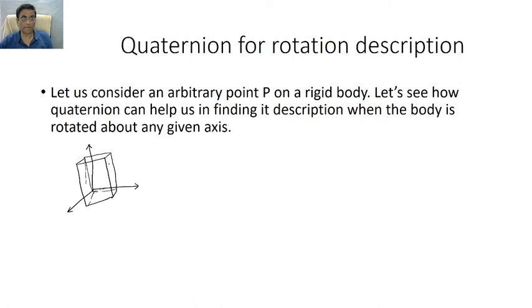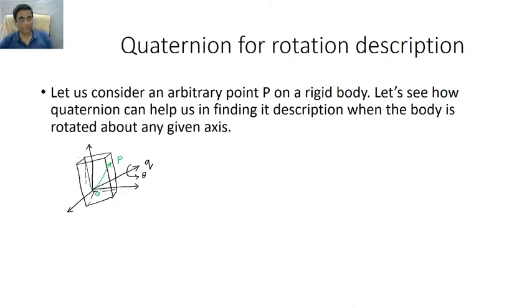Say point P is a point on the rigid body, whose description is given by the position vector OP, and here is my arbitrary axis of rotation given by Q, and about that we rotate this rigid body by an angle theta.